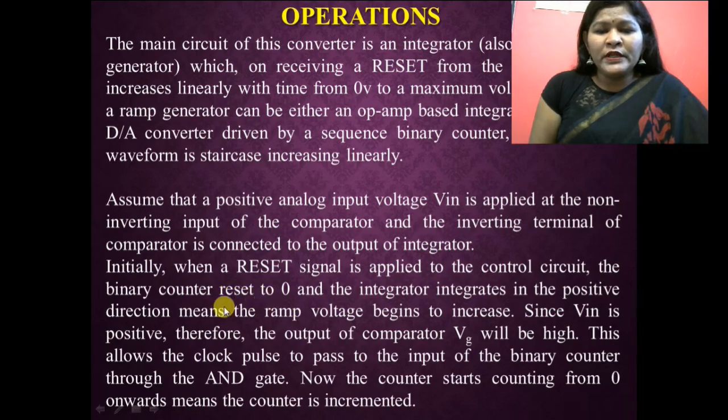We have already discussed this working in the diagram, and the integrator integrates in the positive direction, meaning it increases. Since the input voltage is positive, the output VG will be high. This allows the clock pulse to pass through the gate, and the counter starts counting from 0 onwards.